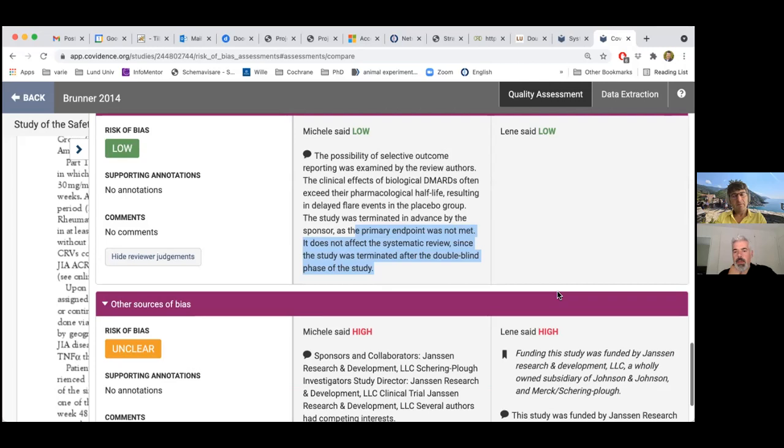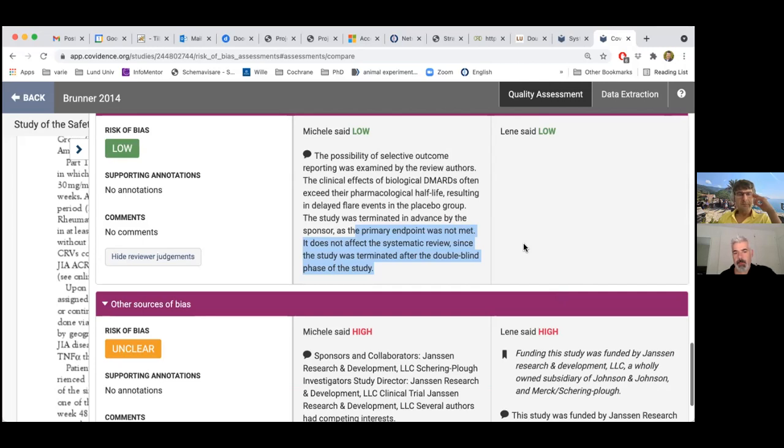Yeah. You have to make an assessment of all the papers related to the same study, not only the main one. And try to give a cumulative assessment of all the papers related to the study.